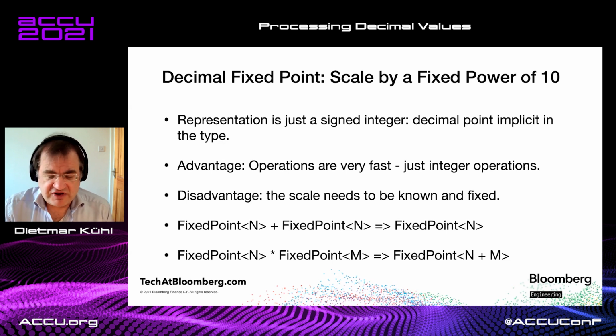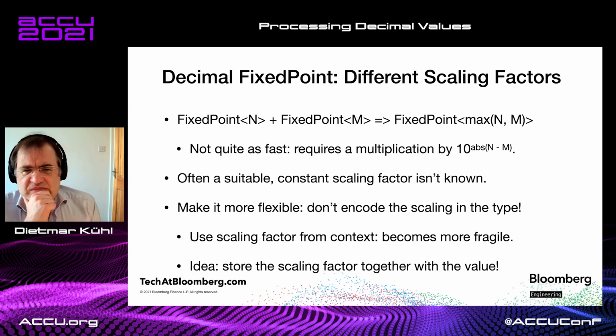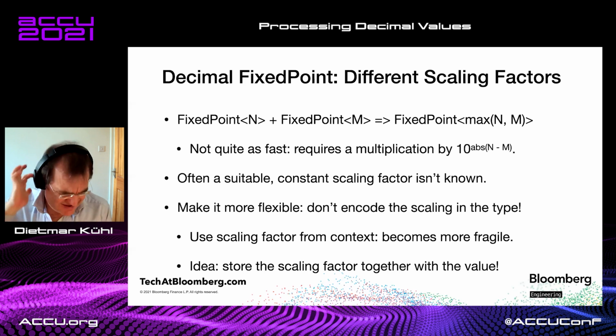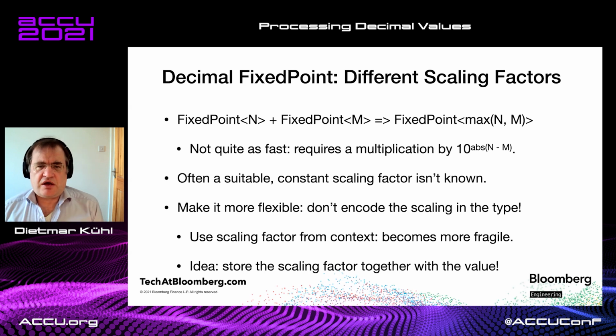The speed of these things is definitely an advantage. Now, maybe we don't really want to have a fixed point. We could think, well, it's just an integer. We could just take the scaling factor kind of out. And operations between these things are still relatively simple.